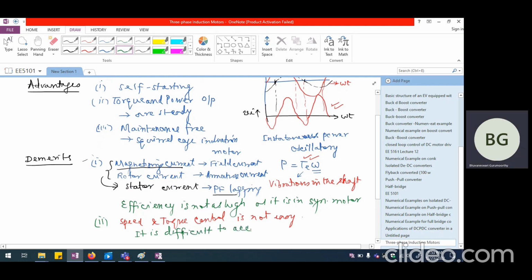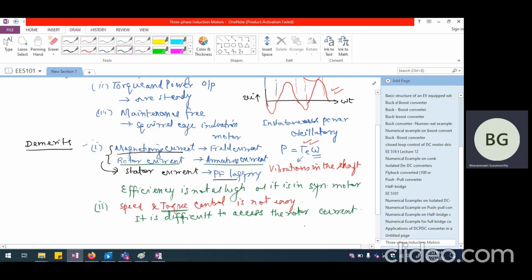If we are not able to measure the rotor current itself, then it is almost impossible to control it. And rotor current definitely plays a very vital role in torque production. So if we are not able to control it, it is going to be very difficult to control the torque.